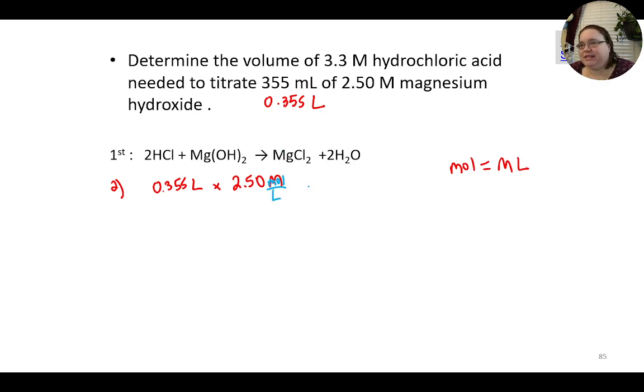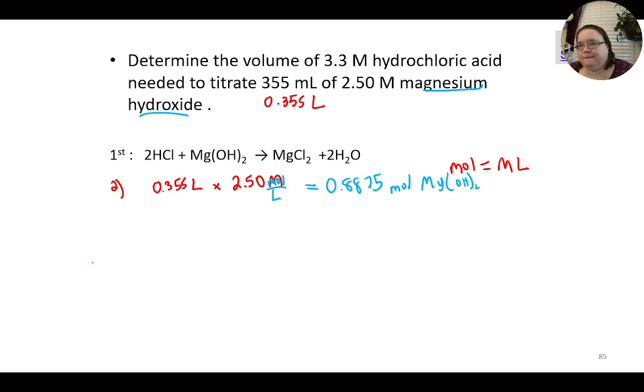So we can see that the liters cancels. Handy dandy calculator, 0.355 times 2.5 gives me 0.8875. Keep all of your numbers, don't round to significant figures until the end. And this is my moles of magnesium hydroxide.